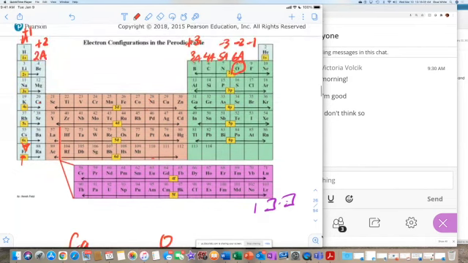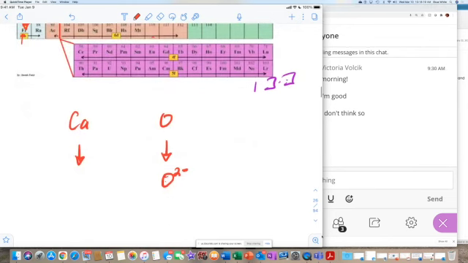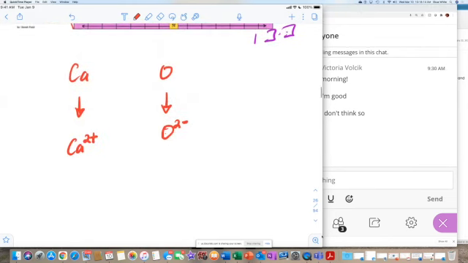Calcium, based on its positioning, forms an ion, calcium ion, of Ca2+. Since they said go ahead and form a compound, our goal is a neutral compound, right? Neutral compound. So if that's our goal, then the question is, how many of each ion is required to make a neutral compound? We have 2 positives here, we have 2 negatives here.